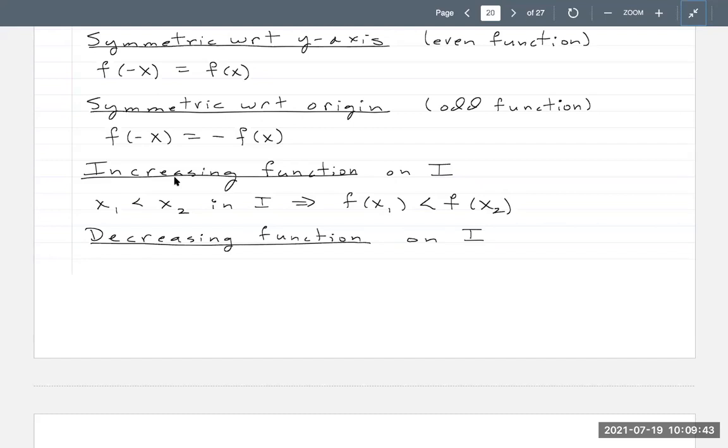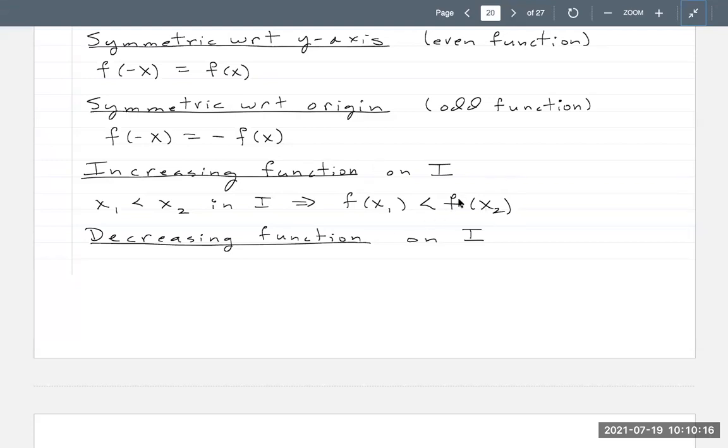Next, and lastly, let's look at an increasing function, decreasing function and constant function on an interval. We say that f is an increasing function on the open interval I if whenever x1 is less than x2 in the interval I, we have that f of x1 is less than f of x2.